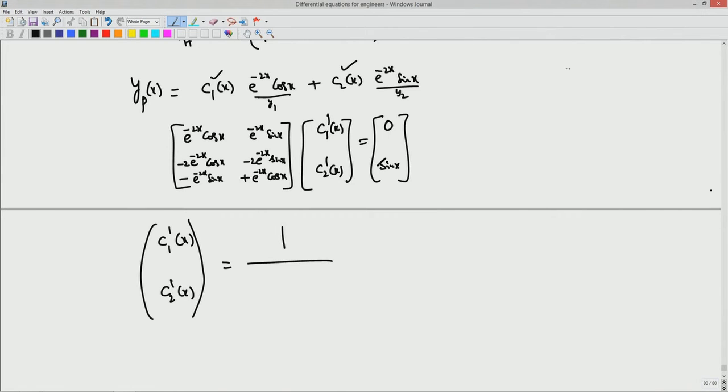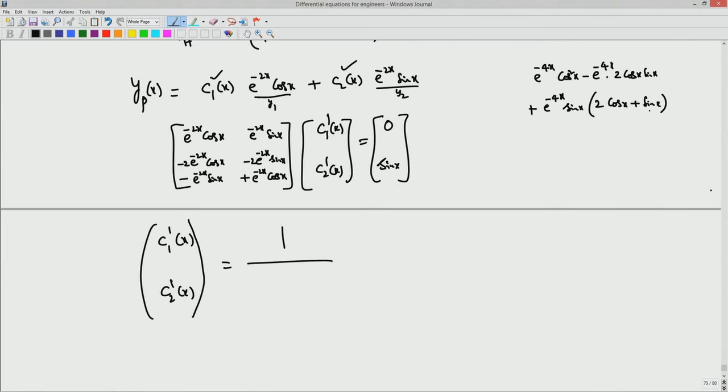So, you can do the determinant of the matrix, you get e power minus 4x cos square x minus e power minus 4x into 2 cos x sin x minus e power minus 4x, and then sin x into minus minus plus, you have a 2 cos x plus sin x.